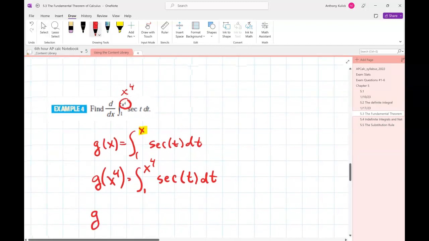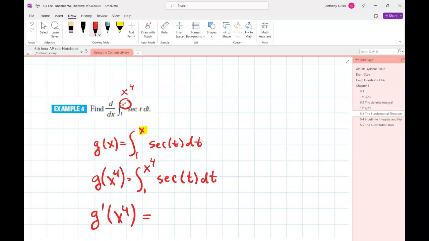So if I want the derivative of g of x to the fourth, what do I need to use to take that derivative? If I have the derivative of a composition of two functions, what tool do I need? Chain rule. Very good.